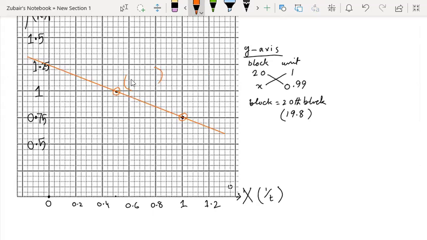Coordinates of the point are 0.5 and 0.99. And the coordinates of this point are 1, comma 0.75. So the line has been drawn. Here is the y-intercept. Okay, now what to do?